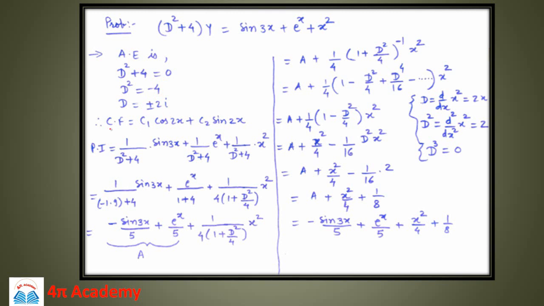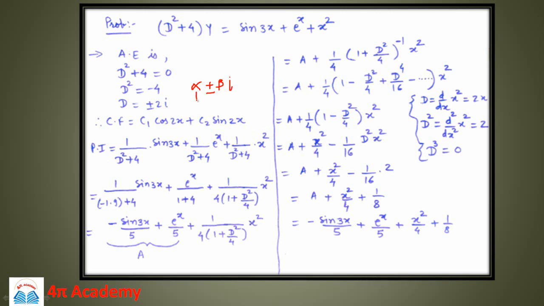So the complementary function here, the root is of the form alpha plus minus beta i, but here the value of alpha is 0.